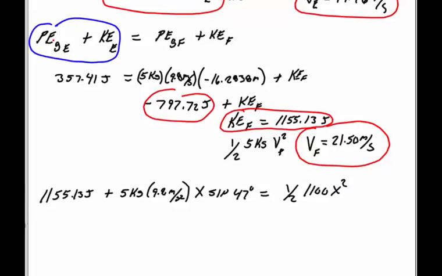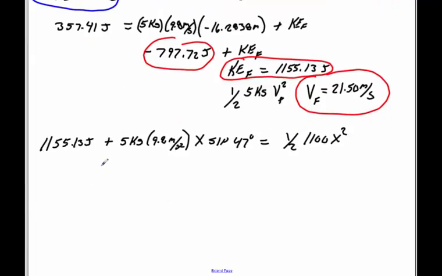Okay, I got a quadratic equation. I'm going to move everything to the right side. 1/2 times 1100 is going to be 550 x squared.